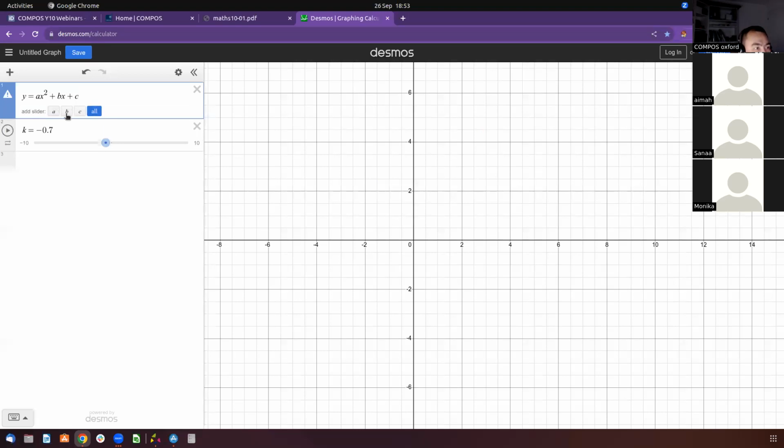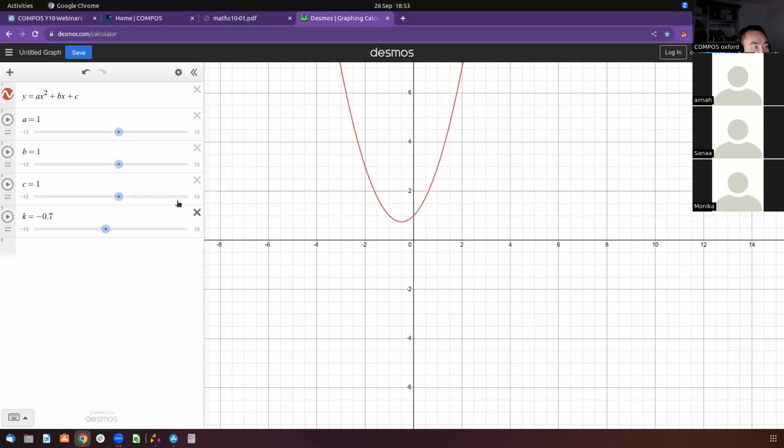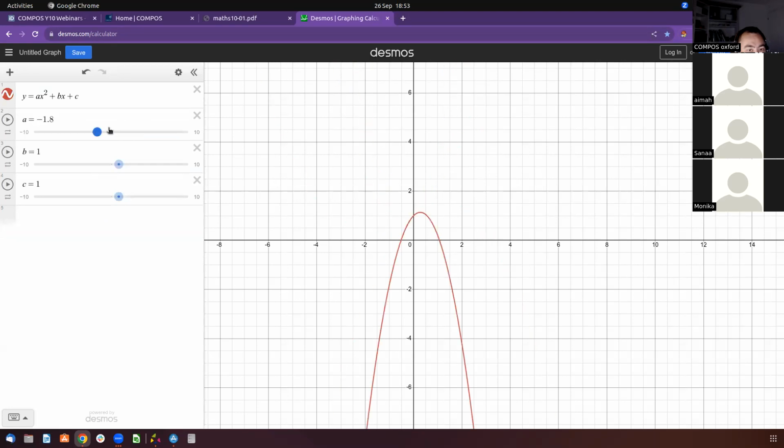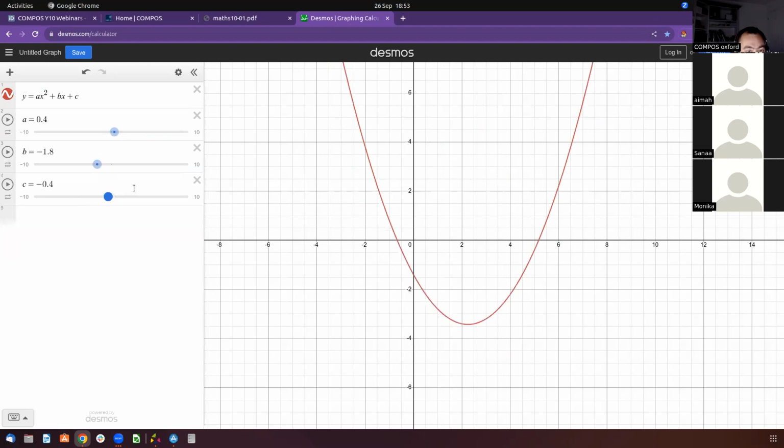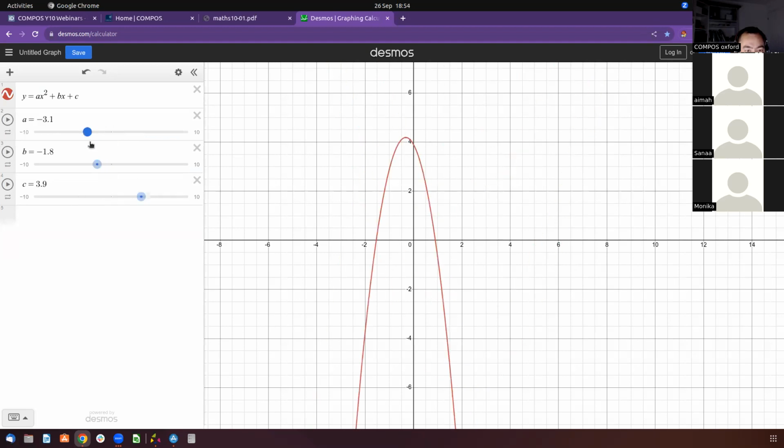So now we have 3 parameters. And if we change a, it changes the parabola. If we change b, that changes the parabola. And if we change c, that changes the parabola as well. Okay, so it's quite interesting what happens.